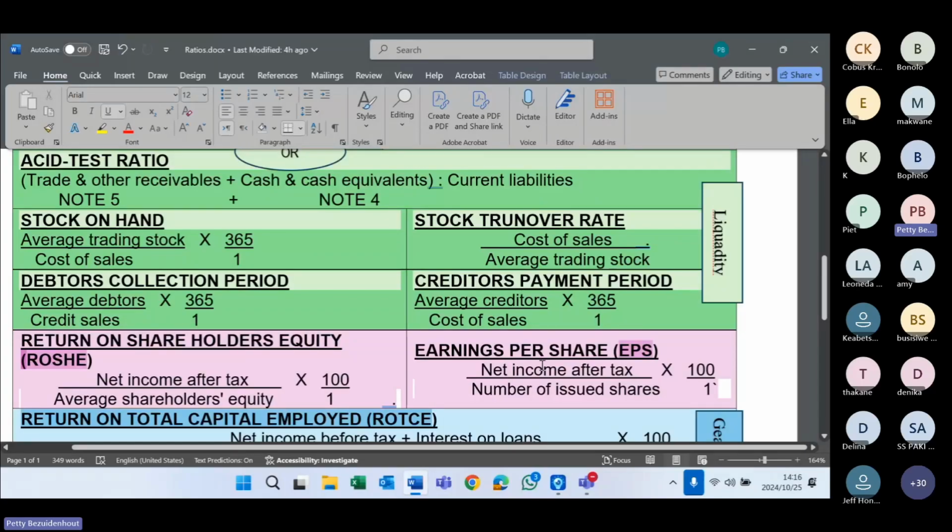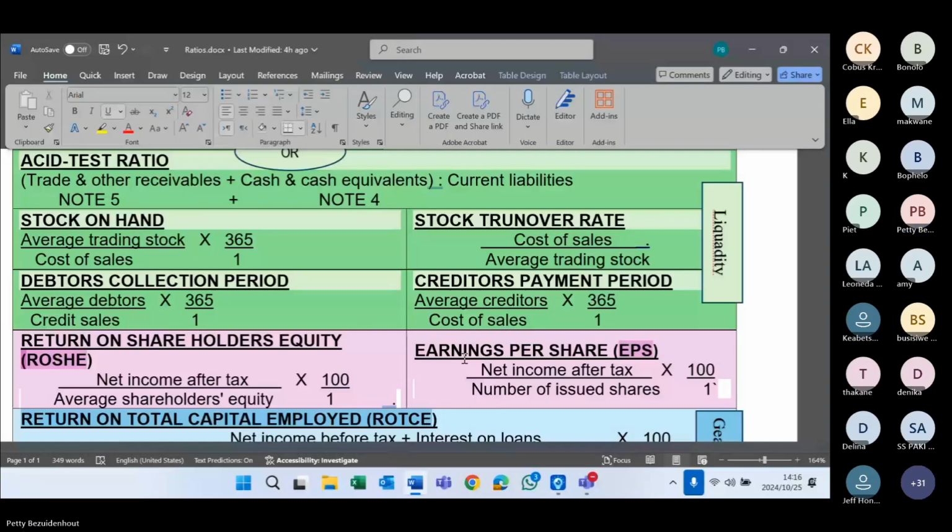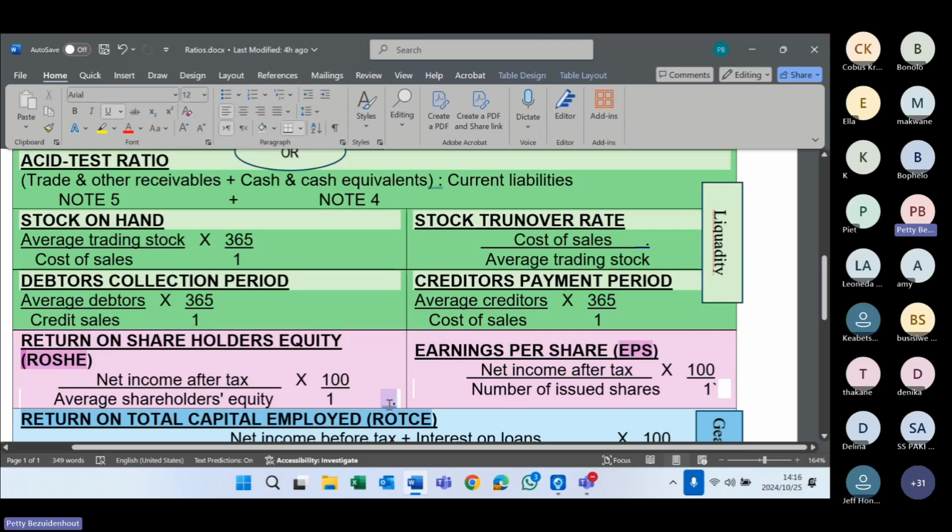There's also a question that refers to earnings. Would the shareholders be satisfied with their earnings? Then we're going to look at the ROSE. This is the normal one that we started treating in grade 10 already. It's your final net profit divided by the average shareholders' equity. So it's half times last year's share capital and retained income plus this year's, to get the average, in a percentage.